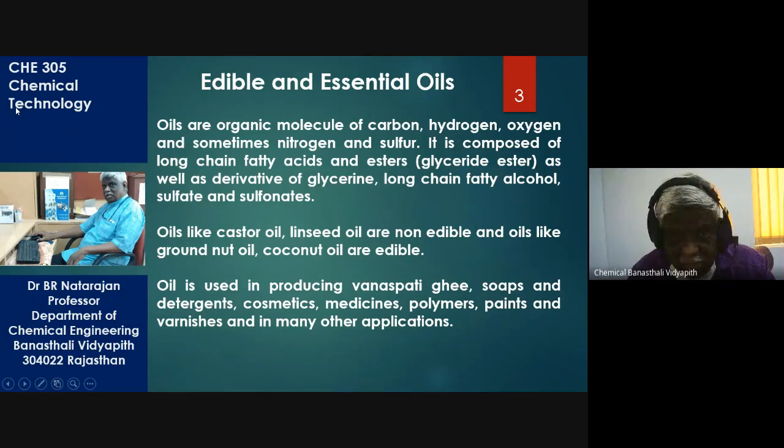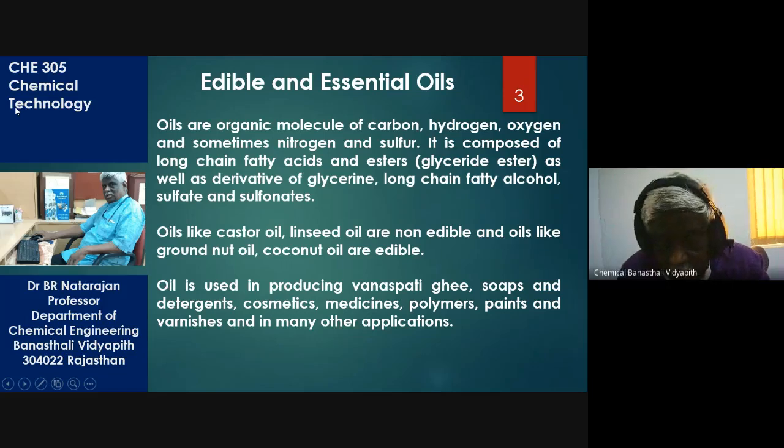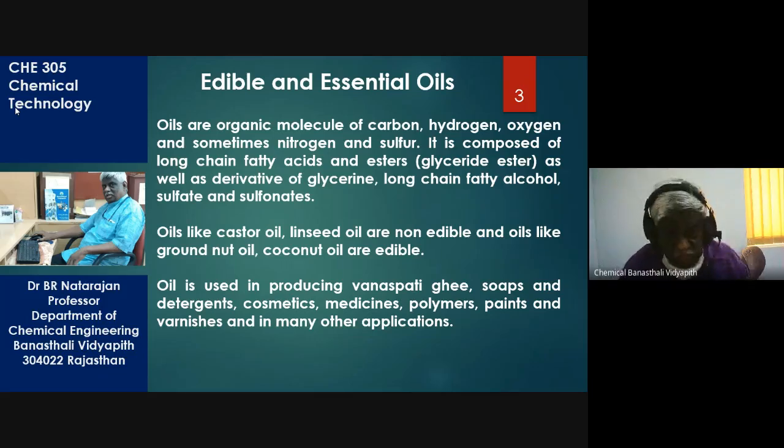Edible oils by common sense mean that they are fit for cooking and for human consumption. Essential oils are not meant for human consumption. You don't pour a perfume and drink it. You just apply. So be careful about what is edible oil and essential oil.